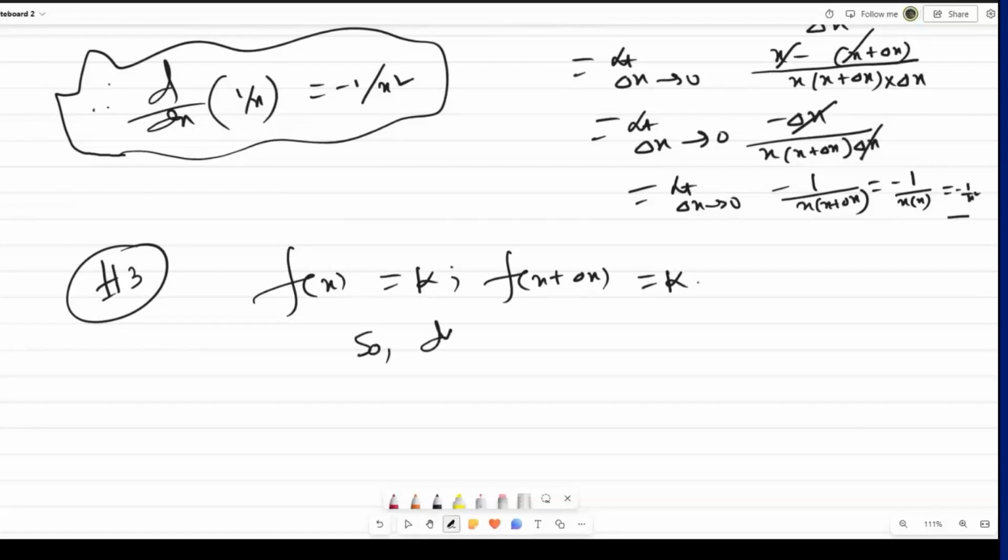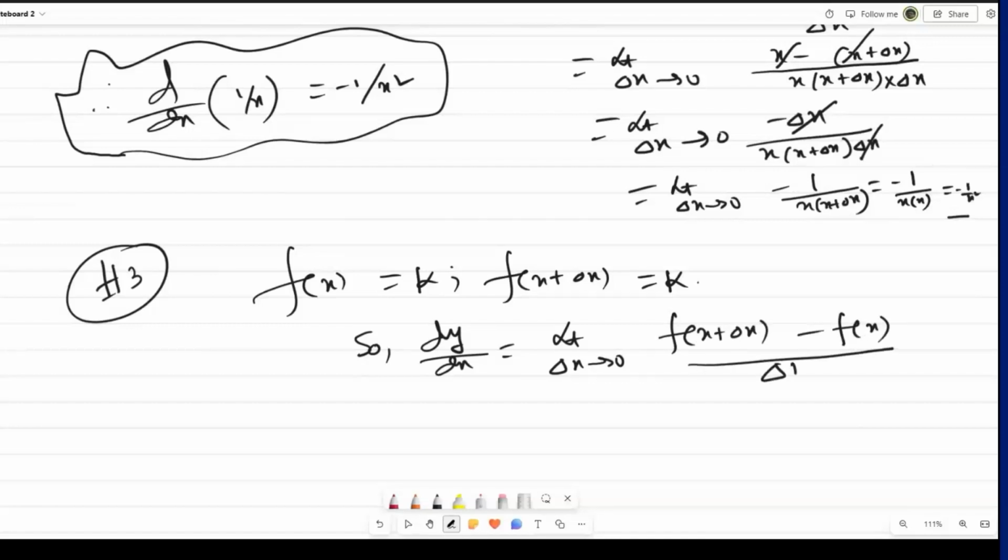So dy by dx will be limit, clear? Yes. Same definition I am using.